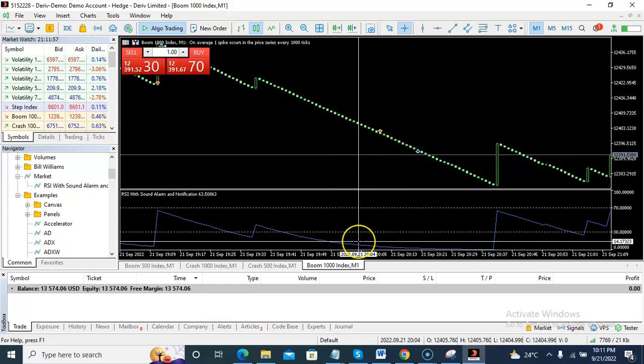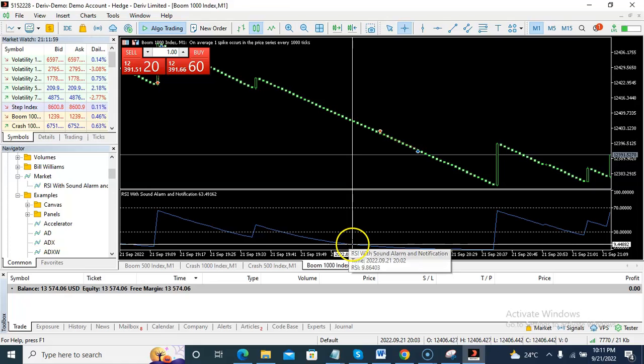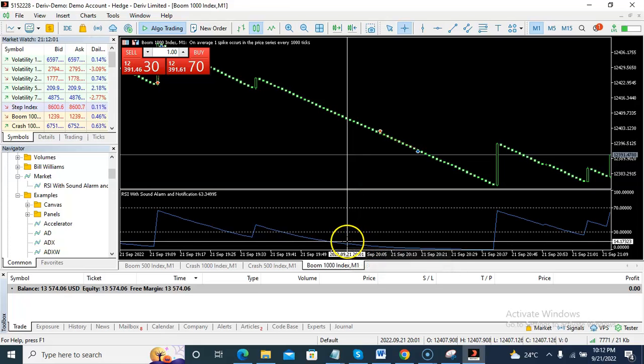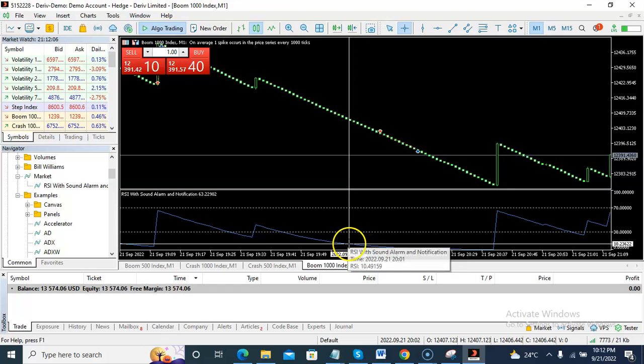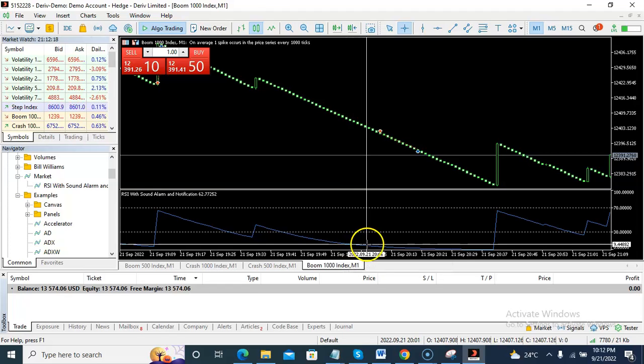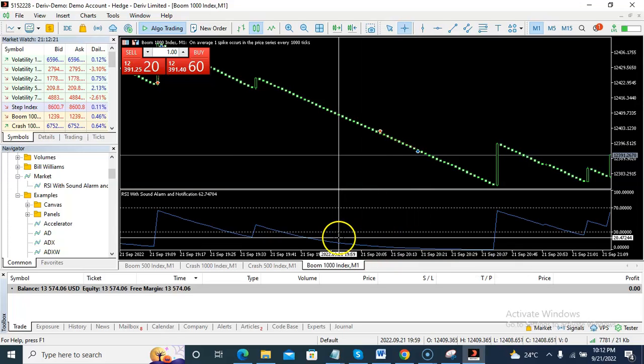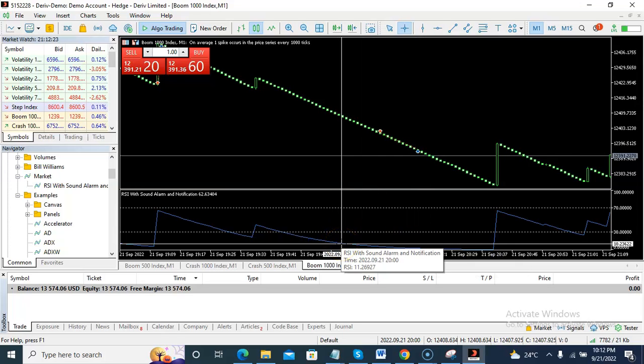Of course, this is Boom 1000, so we're looking at the oversold region. In this oversold region, you can see the RSI got to 10. The next few candles, about 10-20 minutes, the spike didn't occur.